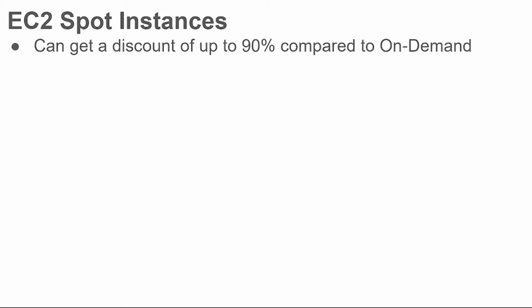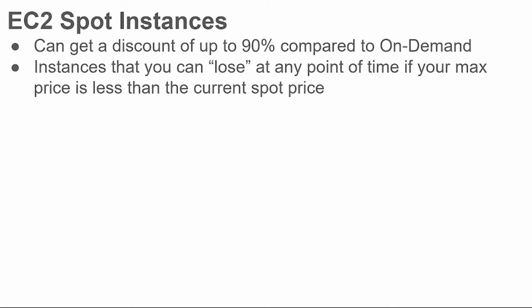Okay, EC2 Spot Instances. Now what is this? This is the most cost-effective option because you get a higher discount on it. You can get about 90% off compared to on-demand instances, but there are some drawbacks. Let us see. These are instances that you can lose at any point of time.